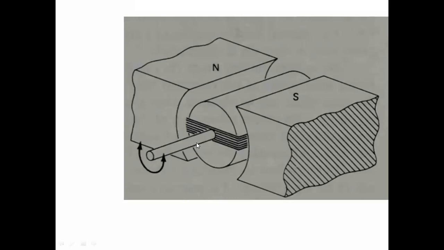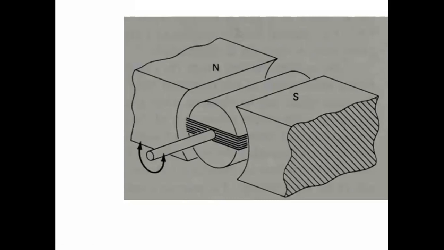This shaft is connected to the rotating object. Suppose we have to find out the angular velocity or angular rotation of a fan. How much speed it is rotating, how can we measure it?